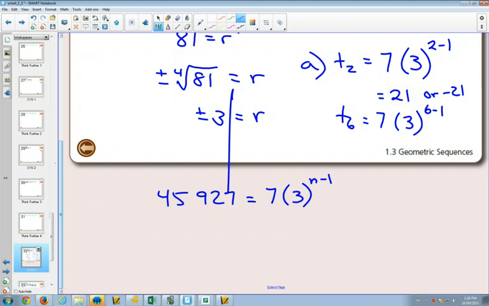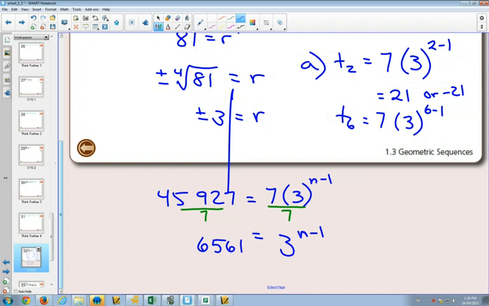Now, algebra here, what we're going to do first is divide both sides by 7. 45,927 divided by 7. And at this point, we're going to use a technique that most people in pre-calculus do not like.